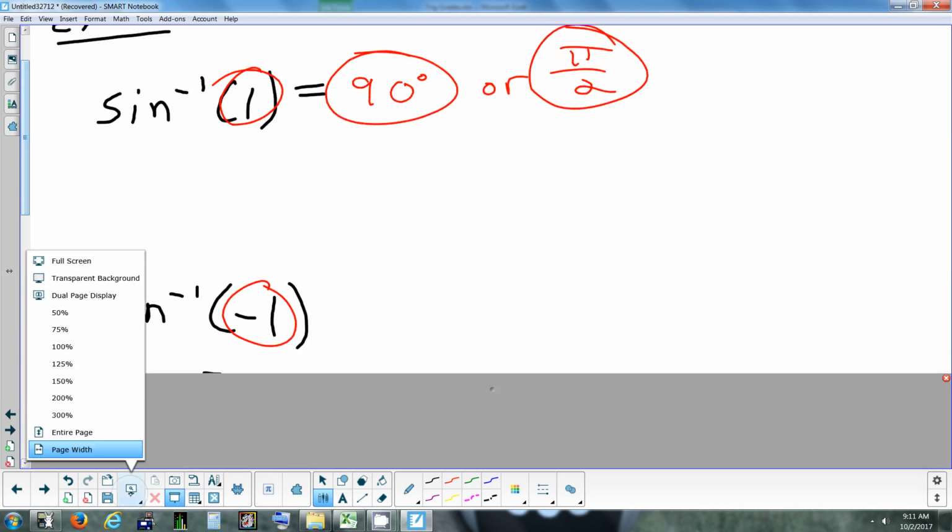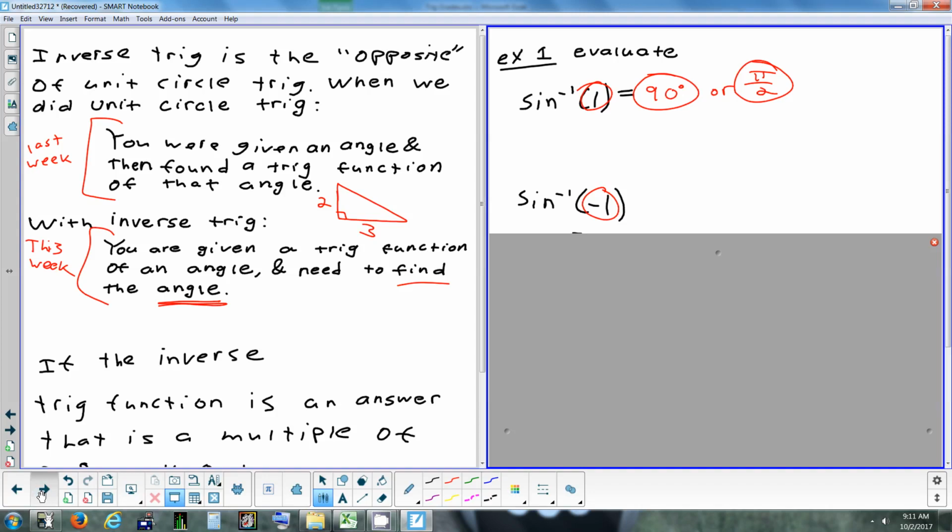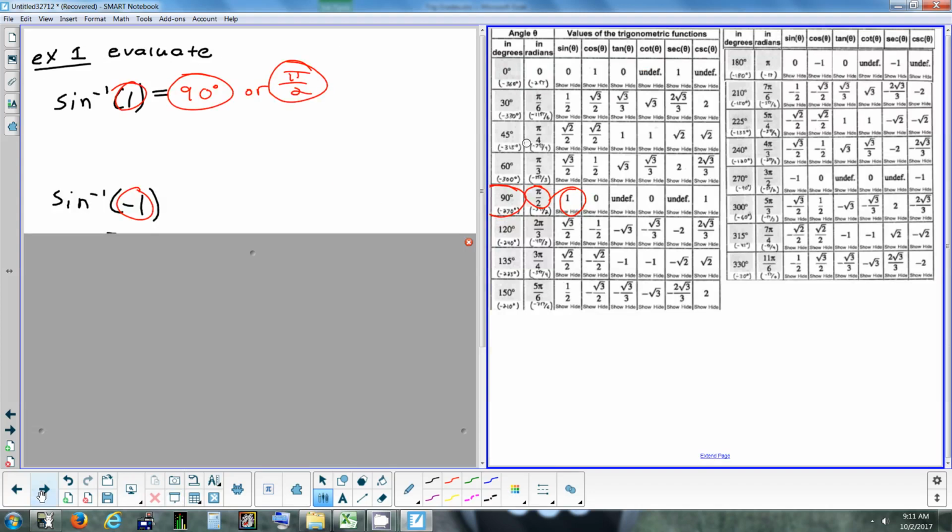Okay, let's try this one. Inverse sine of negative 1. So Victoria, can you tell me how I would use the chart to find that answer? You go down the sine column until you reach negative 1.